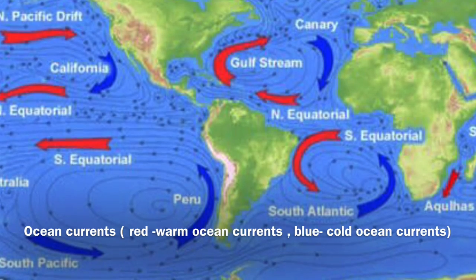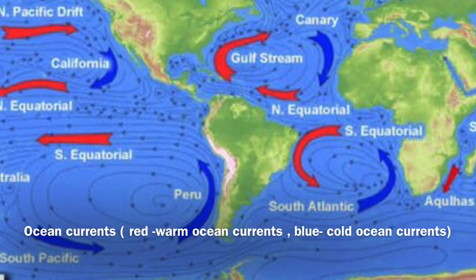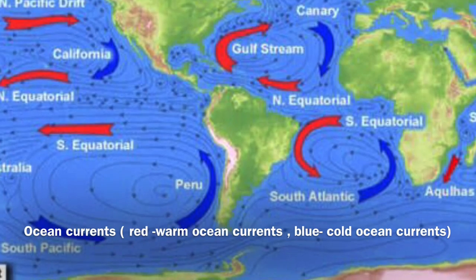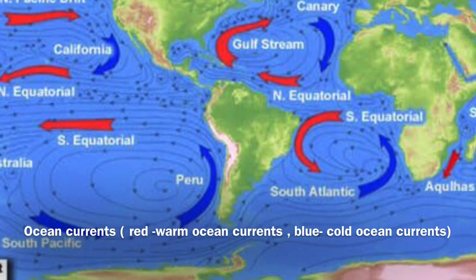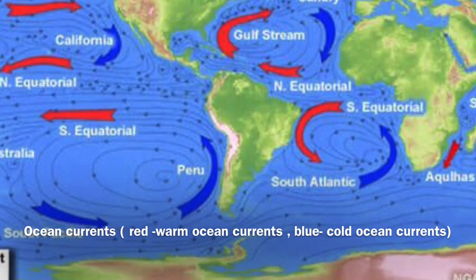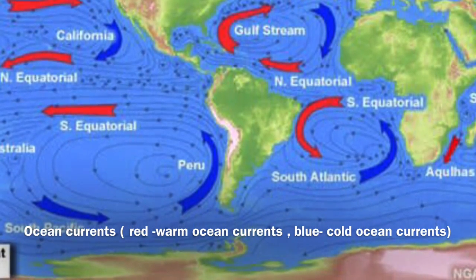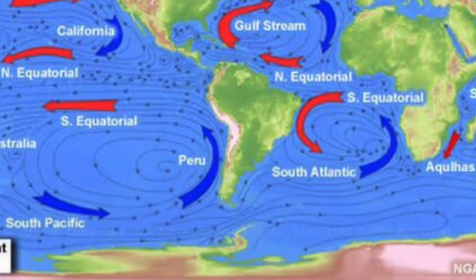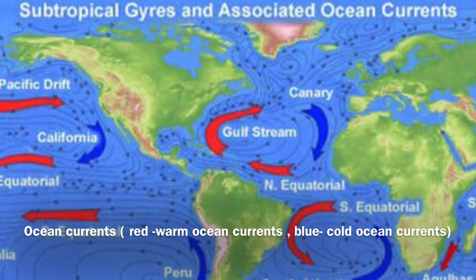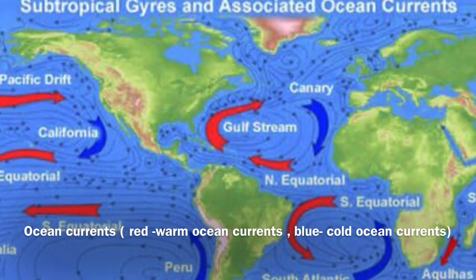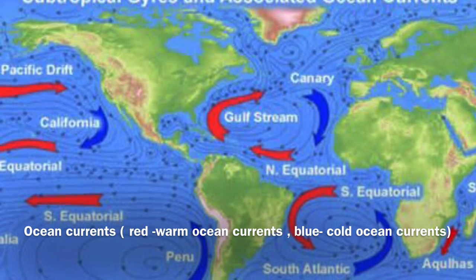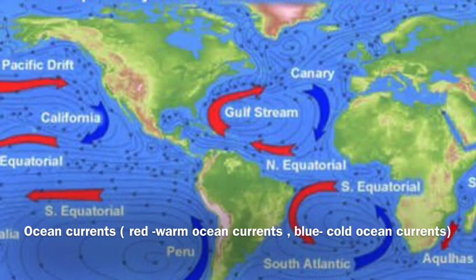Why do ocean currents occur? Because of the Earth's rotation, prevailing winds, and differences in temperature and salinity of ocean water. Due to that, ocean currents occur.